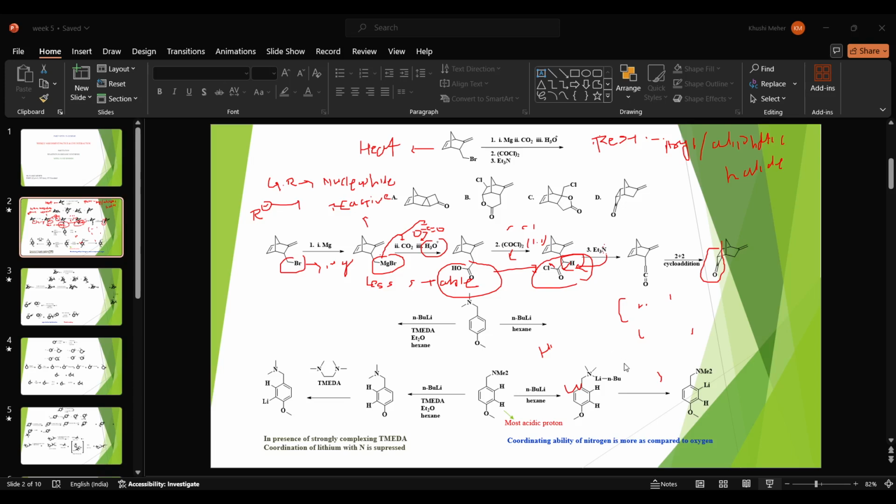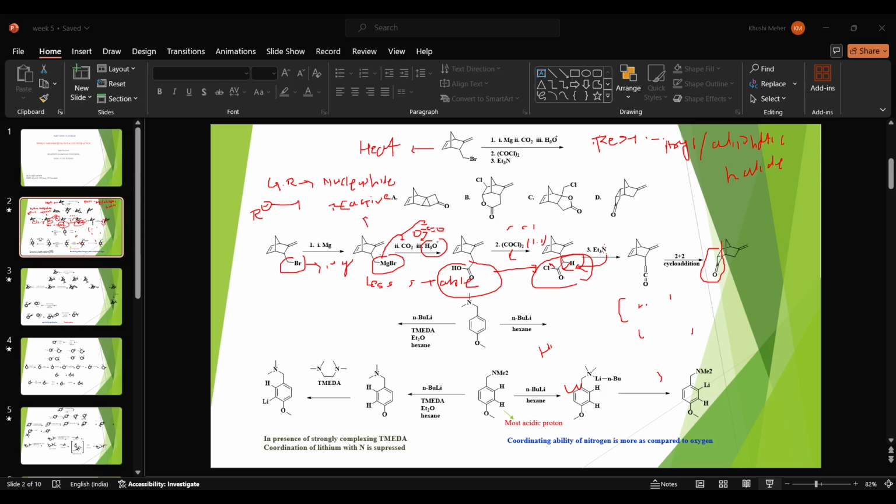Okay, in the next question, we have two different conditions. In one, n-butyl lithium is used with our starting material, and in the other, n-butyl lithium is used along with TMEDA as a chelating ligand in the whole reaction, in the presence of diethyl ether and hexane also.